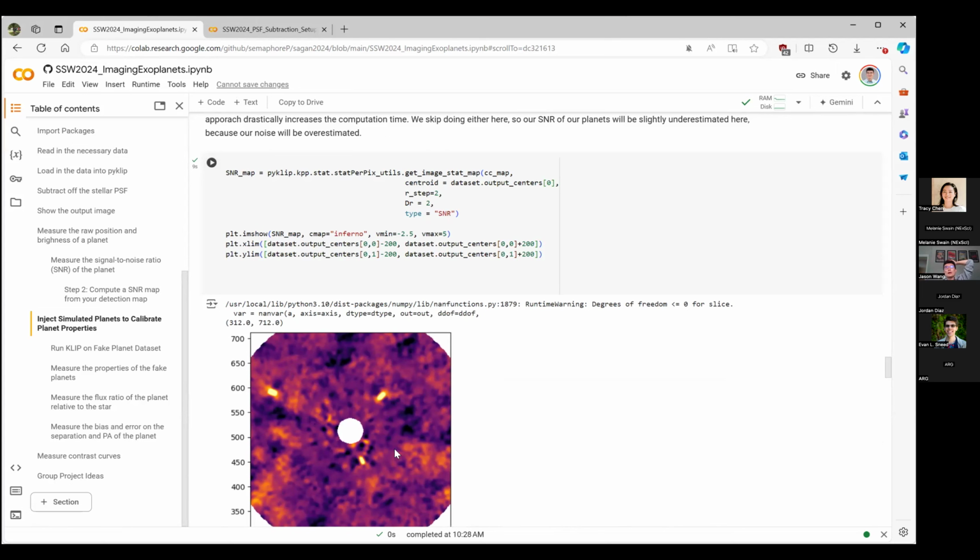We inject those into the raw data, the original FITS files, run PSF subtraction again, measure their brightness after PSF subtraction, and basically use that to calibrate the flux of this planet because they're at the same azimuth of mesh separation. We're assuming all of our data reduction algorithms and noise behave the same for everything in the same annulus.